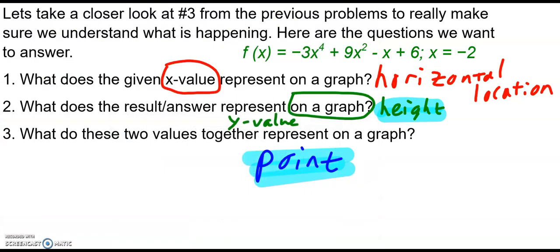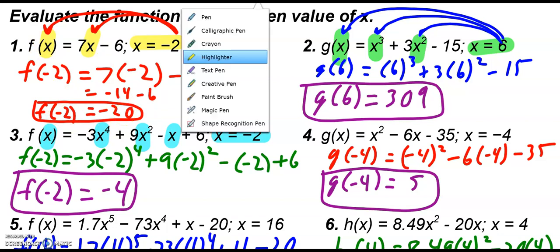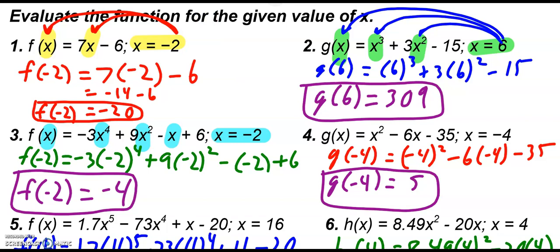And so if I look back at all of my answers here, for number 1, when x is negative 2, y is negative 20, so I know that the point negative 2, negative 20 exists on this function. That's what I found. That's what we're doing here. We're given an x coordinate and we're finding the y coordinate that goes with that, so we know the point.